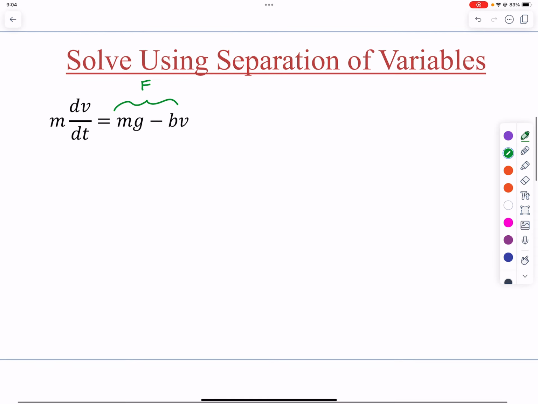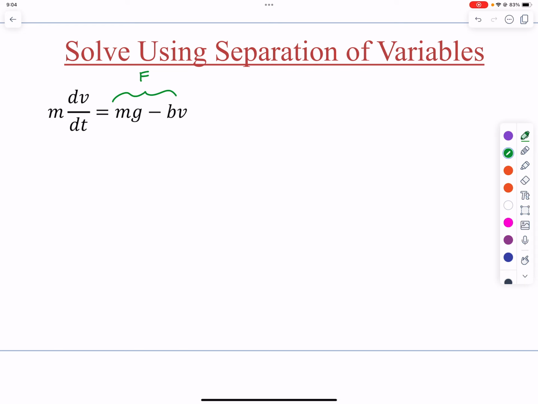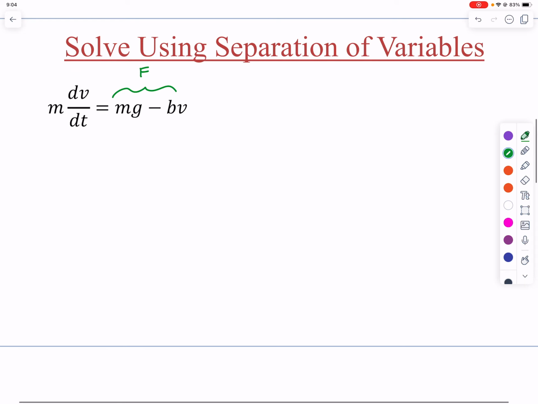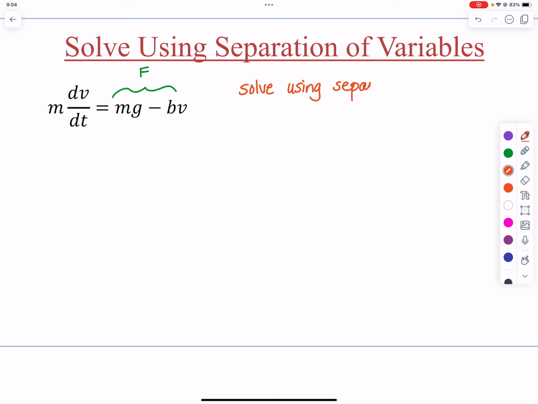And we are going to solve this differential equation using separation of variables. We're going to be using a very basic technique for now, and then we'll have more detail in the future.